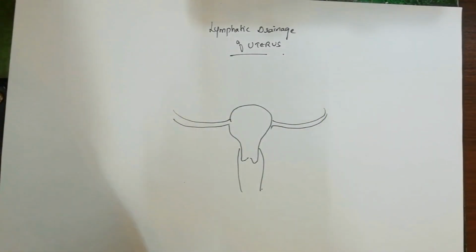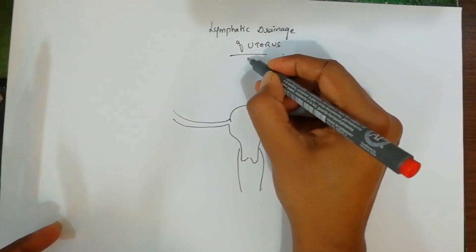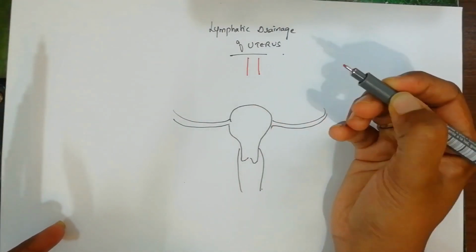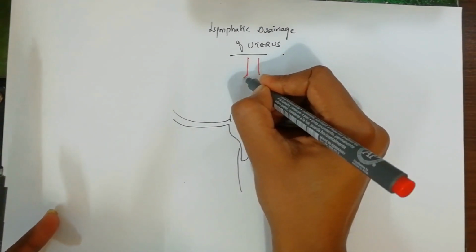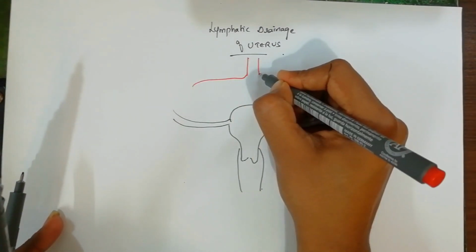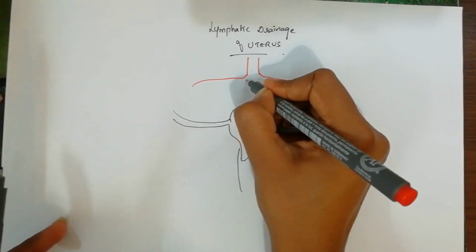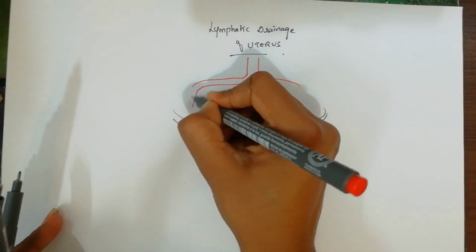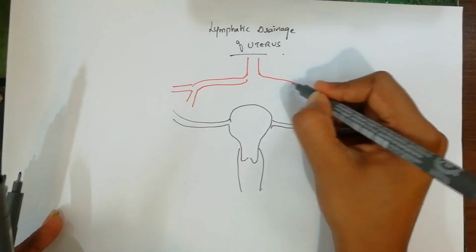And now we have an artery above, that is our abdominal aorta, dividing into right and left common iliac, which again divide into external and internal.